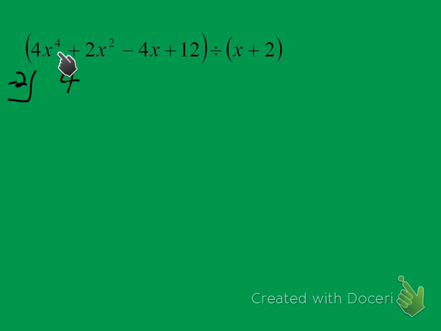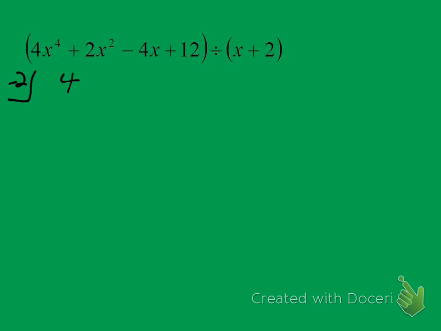What's this exponent? 4. What's this exponent? 2. Oh, there's no 3. So is it 4, 3, 2? Oh! So, there is no exponent of x to the third. Right, correct. Your bullet from the earlier said we need to make sure that each exponent is accounted for.